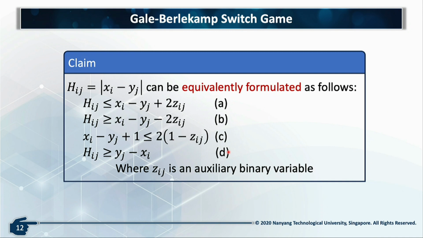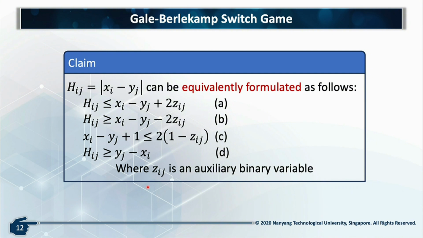Because they are linear inequalities in terms of the decision variable xi, yj, and hij. All the functions involved are all linear. This is nice, right? And here we'll further introduce this auxiliary binary variable zij. Again, binary variable means that you can only take two possible values, 0 or 1.